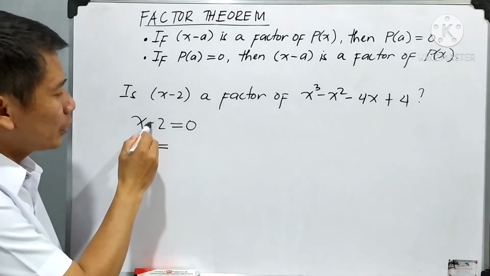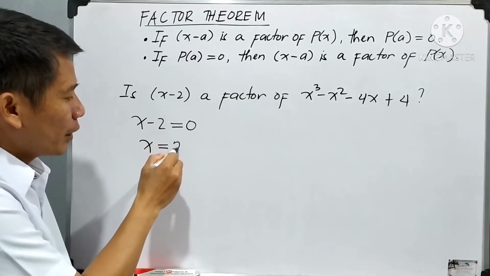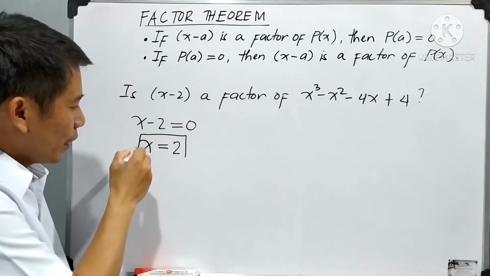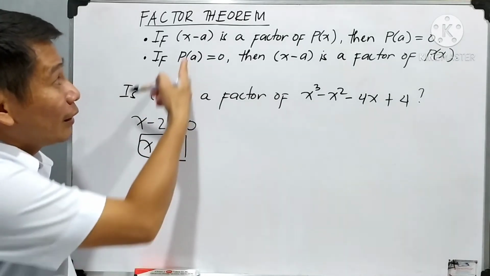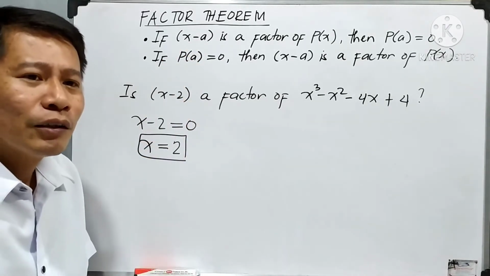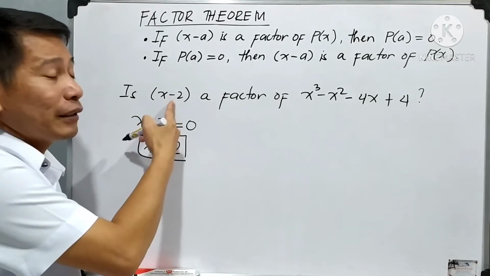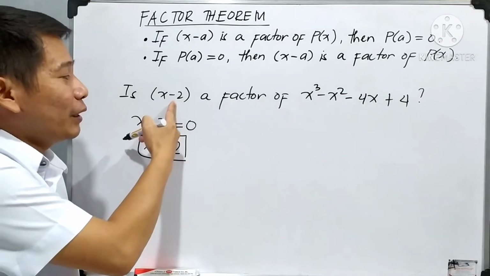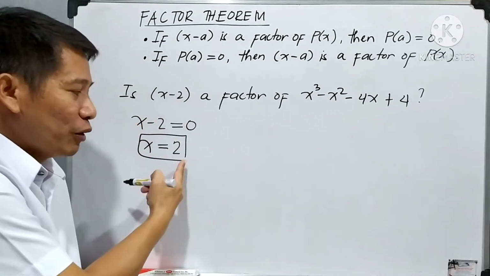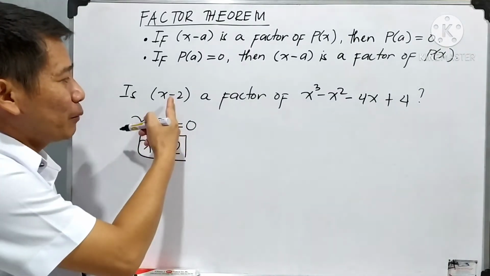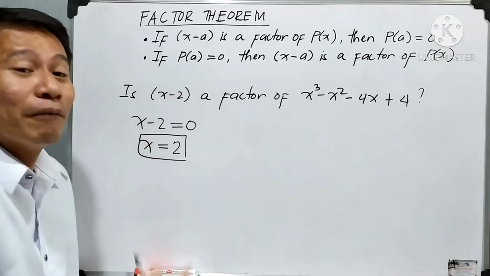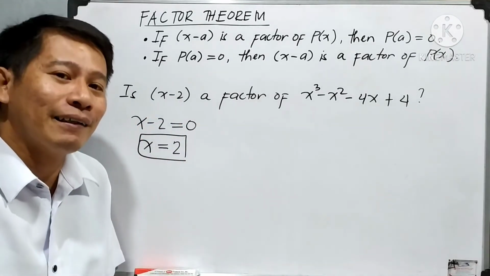You just transpose this negative 2, and that will become positive 2. And that will be your constant a. Or simply, you take the opposite of your constant term in the binomial. If it is negative, it will become positive. If it is positive, it will become negative. As simple as that.